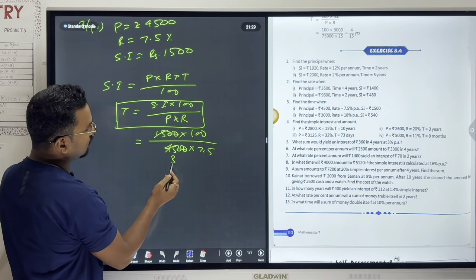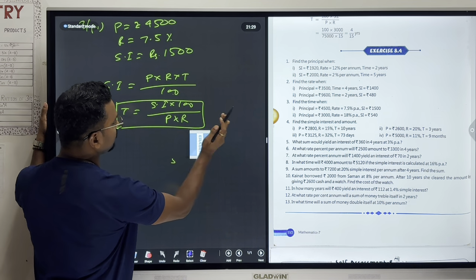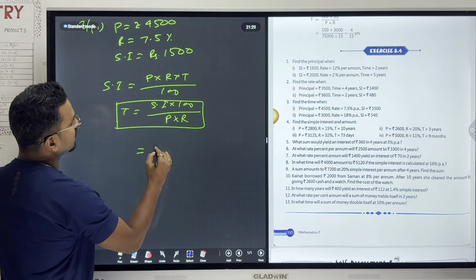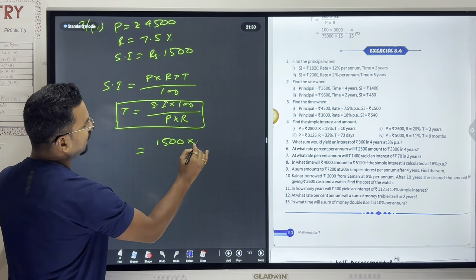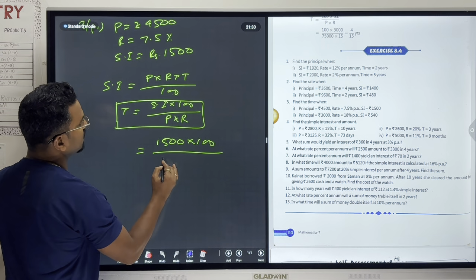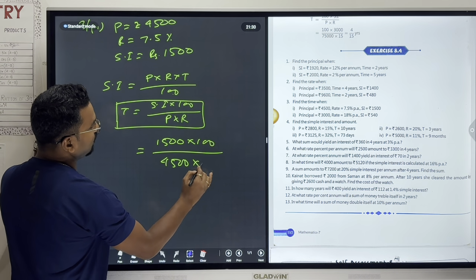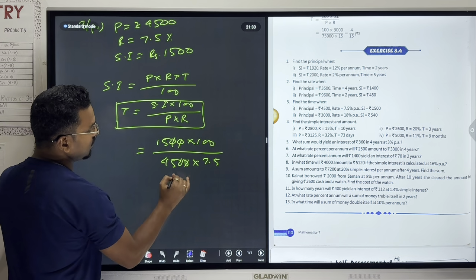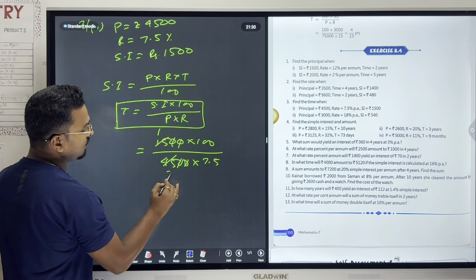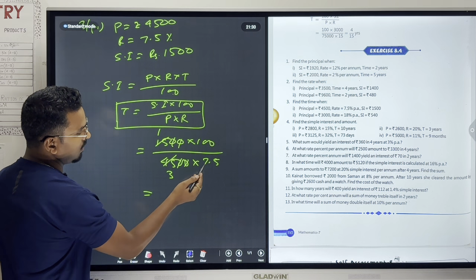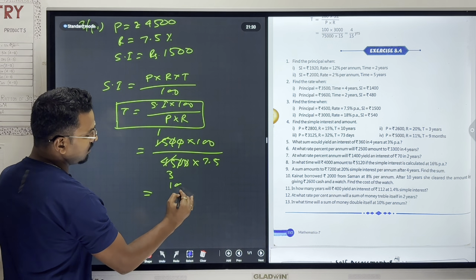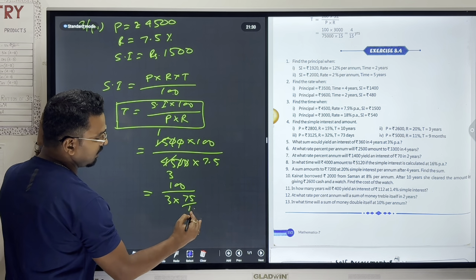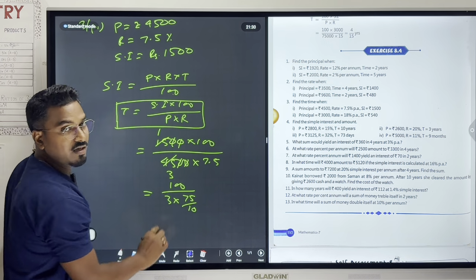So we will replace the values. Simple interest 1500 multiplied by 100, divided by principal 4500 multiplied by rate 7.5. Both the zeros will get cancelled. 15 1s are 15, 15 3s are 45. Now this can be written as 100 by 3 multiplied by 75 by 10, because the rate is given in decimal.